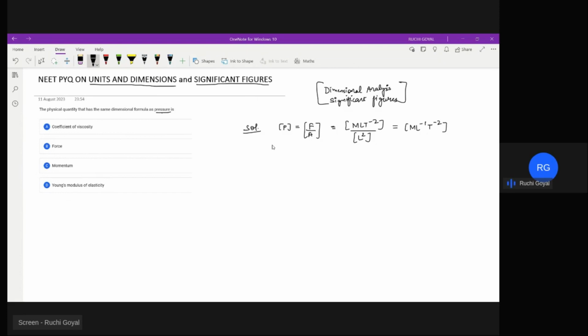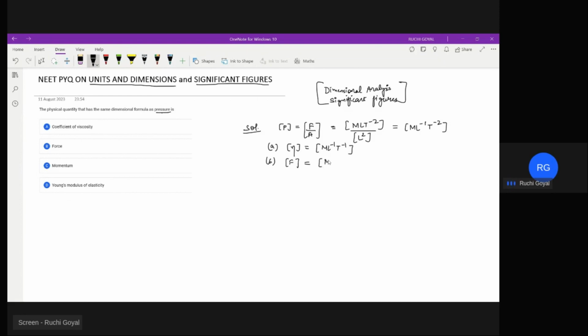Now we can check the quantities one by one. For coefficient of viscosity, eta, what we can write is ML^-1T^-1. Correct? Second physical quantity is force. What is the dimension formula of force?